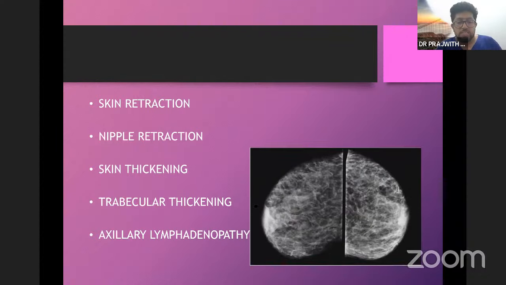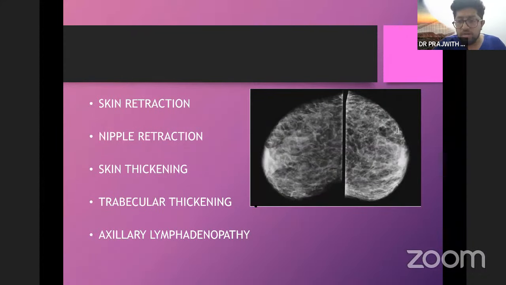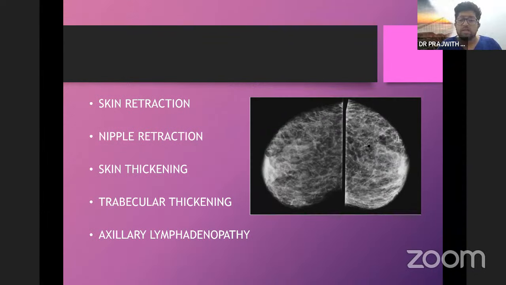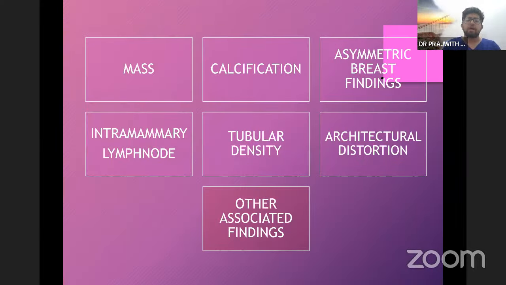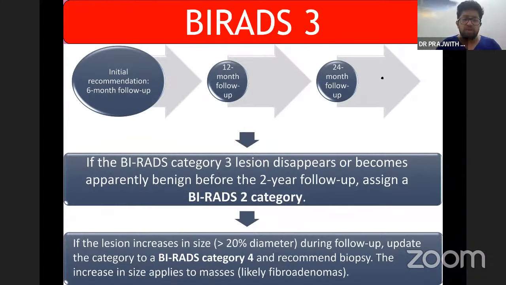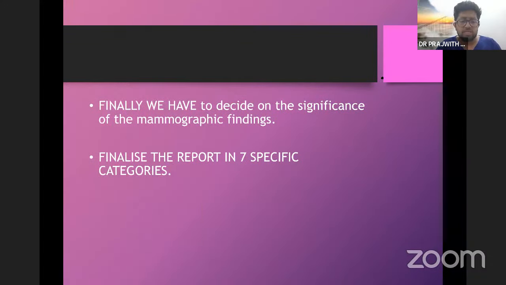If you see trabecular thickening, like we are seeing in this image, then again there is a chance of malignancy. Large nodules and lots of fatty hilum in the axillary area, again the chance of malignancy is very high. So these are the different things that we can see when we are doing a mammogram.